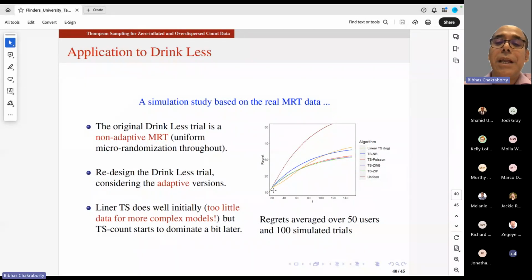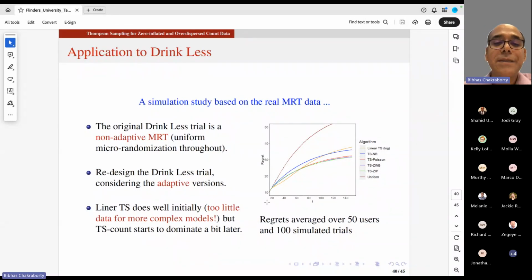Initially, this is quite interesting. The linear Thompson sampling with log transformation works the best when the accumulated data is small, when the time t is very small. But after a bit, the count data models begin to dominate.